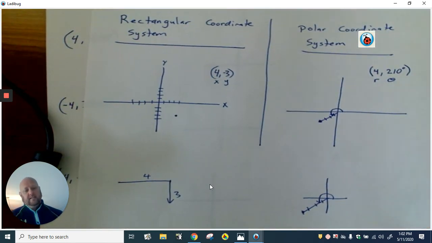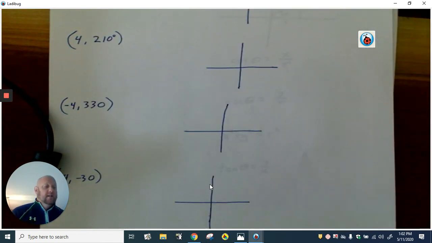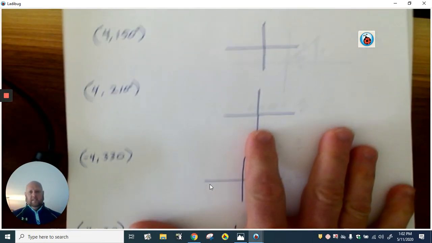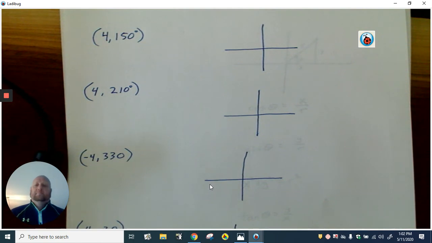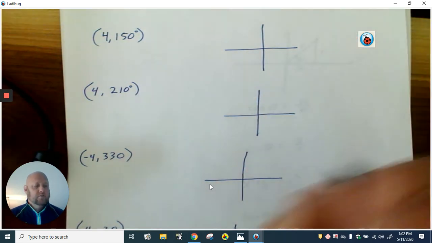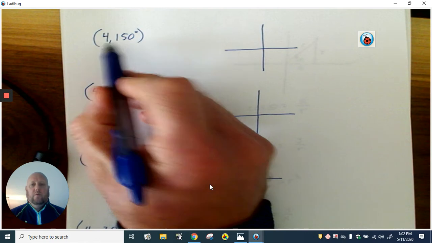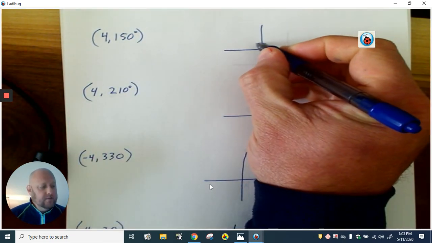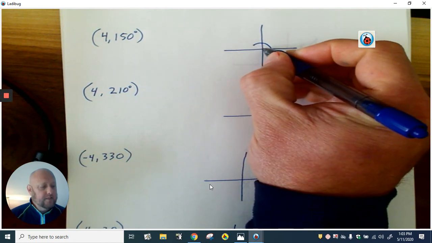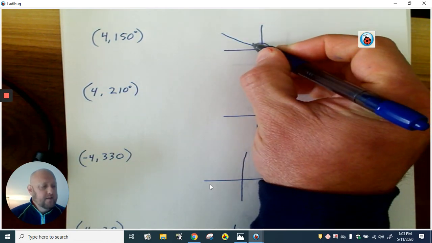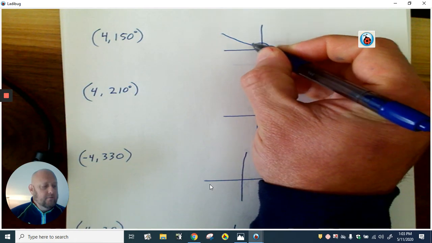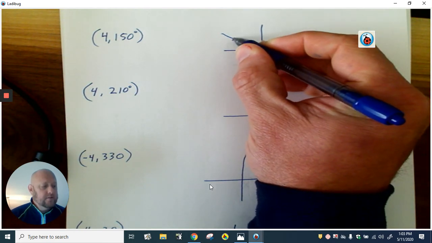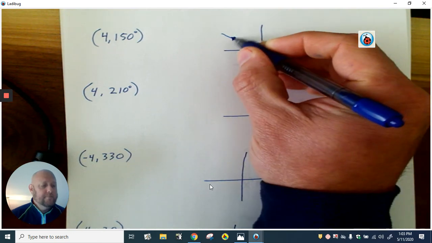One of the nice things, or kind of weird things, when you start plotting points is that you might have different ways of getting to the same point in the polar coordinate system. So for example, the point (4, 150°). We would go to the angle 150 degrees, which would be right here with a 30-degree reference angle, and then along that line, we'd go out 1, 2, 3, 4. So that point would be right there, right?